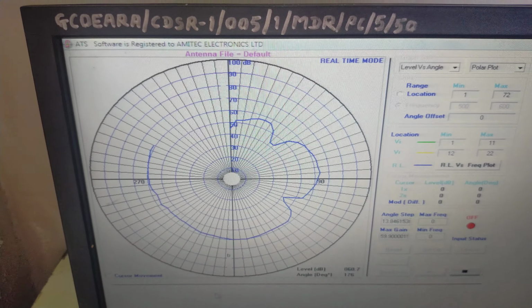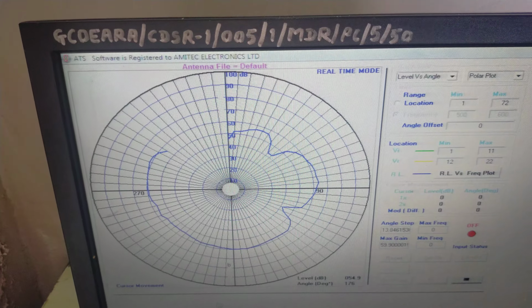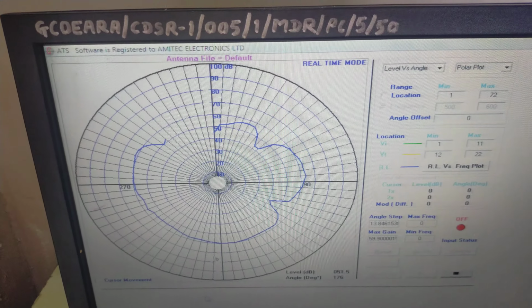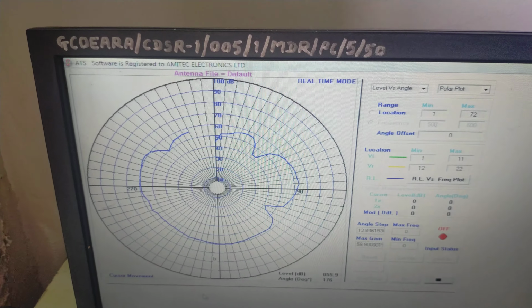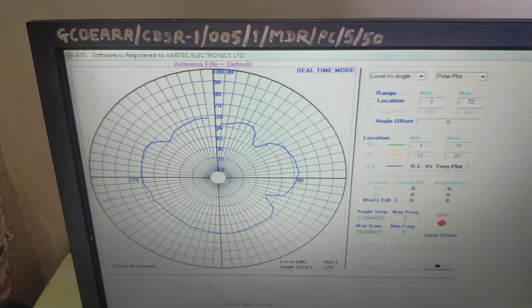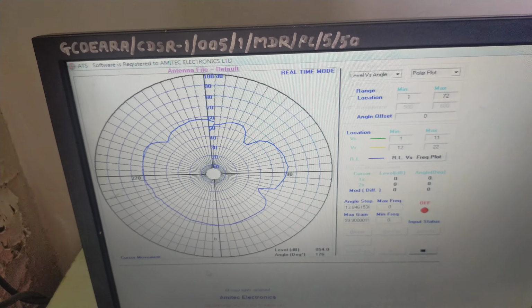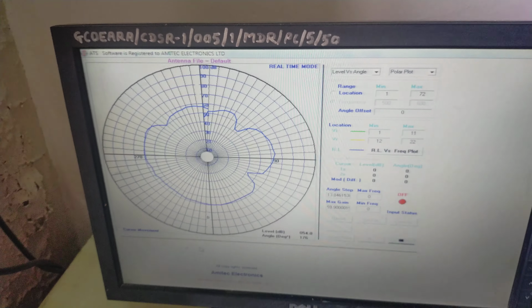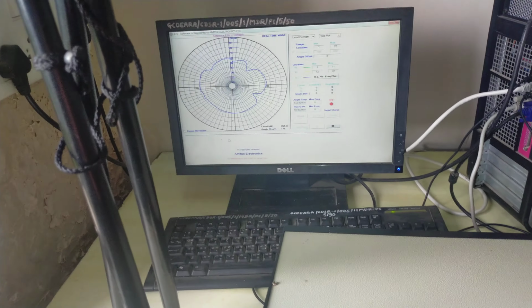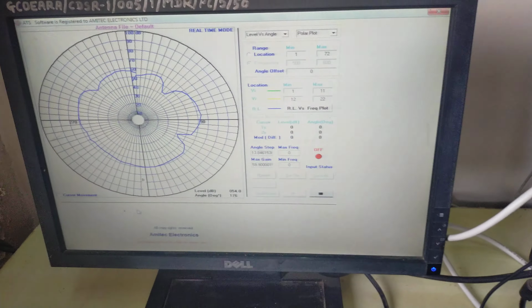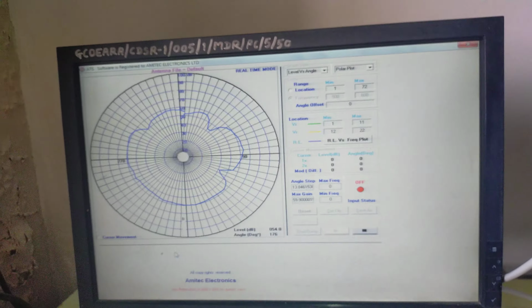Observe the radiation pattern of the microstrip patch antenna. This blue line is progressing, and later we will observe the radiation pattern of the dipole antenna. Again, as in the last previous practical, we will observe some changes.